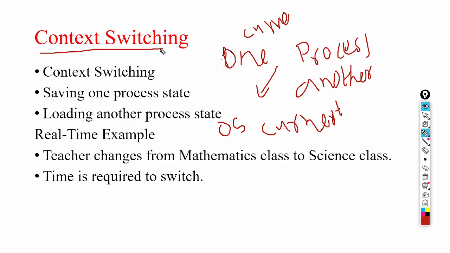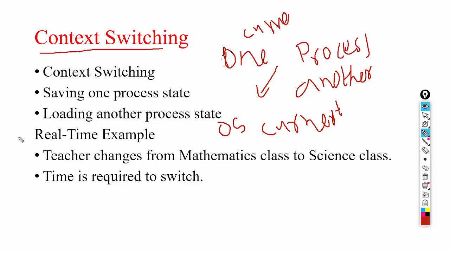Are you getting my point? What is context switching? It is when a CPU switches from one process to another process, and the operating system saves the current process information and loads the next process information. This activity we call context switching.